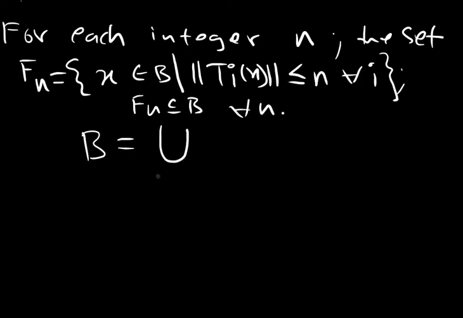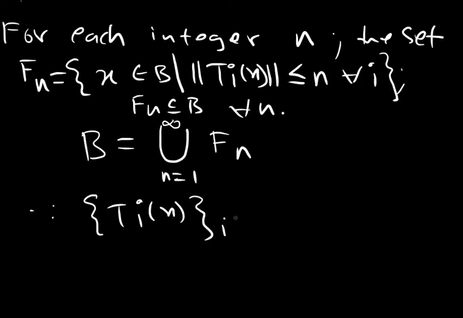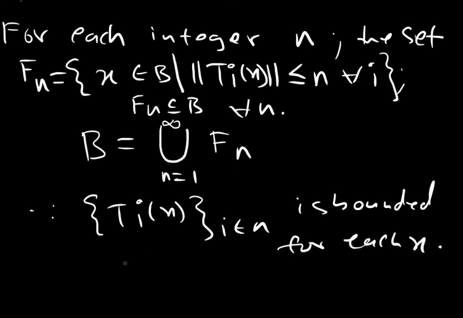So B is in fact the union over n going from 1 to infinity of Fn, because the set Ti of x is bounded, since pointwise boundedness is given, for i belonging to lambda and for each x. So B is F1 union F2 union F3, and so on. Note also that Fn is a closed set.